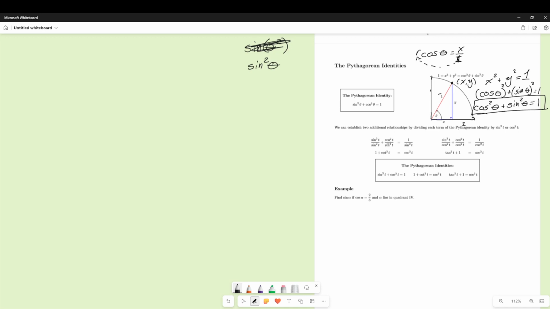And we can manipulate it. Take that sine squared plus cosine squared equals 1, divide each term by sine squared, and we get a different version of it with cotangent squared and cosecant squared. Take that sine squared plus cosine squared equals 1, and divide each side by cosine, dividing each side of the equation distributes into the terms.